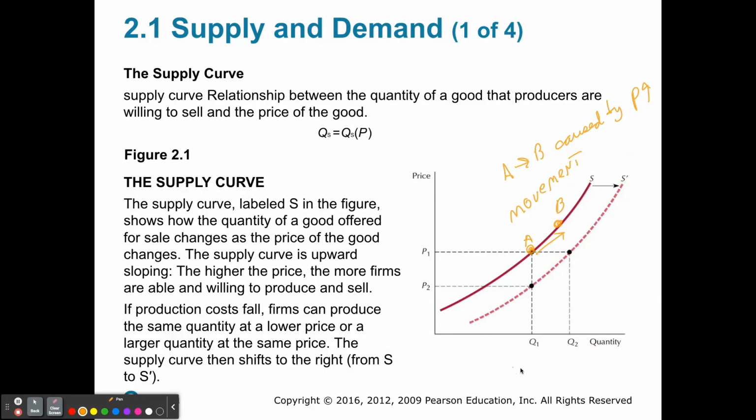So the price went up and the quantity increased. That's a movement along the curve. Essentially, that's our law of supply, even though there's not really a law of supply, but that would be our law of supply.